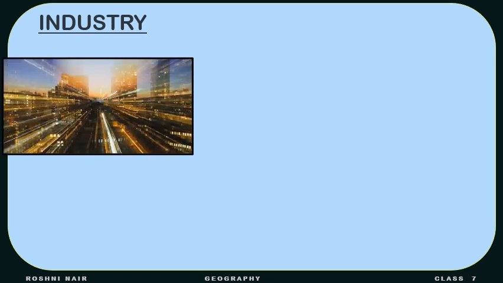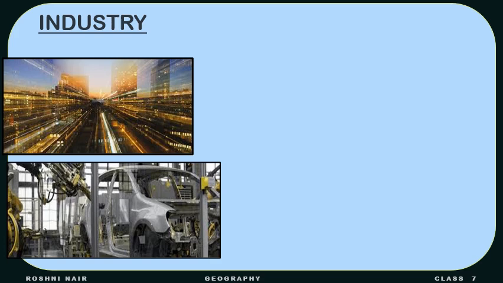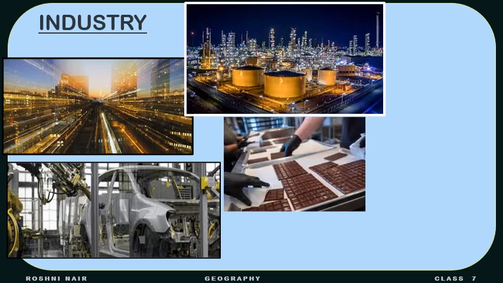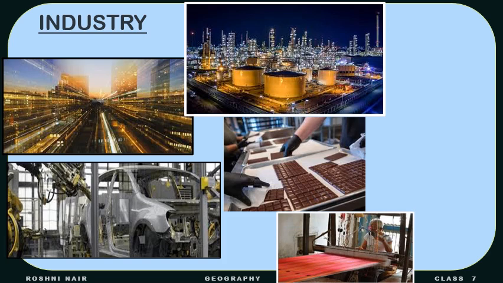In general, industry refers to an economic activity that is concentrated with production of goods, maybe extraction of minerals, or the provision of services. So we all know Bangalore is famous for IT industry. We have automobile manufacturing industries, and there are oil industries, chocolate manufacturing industries.